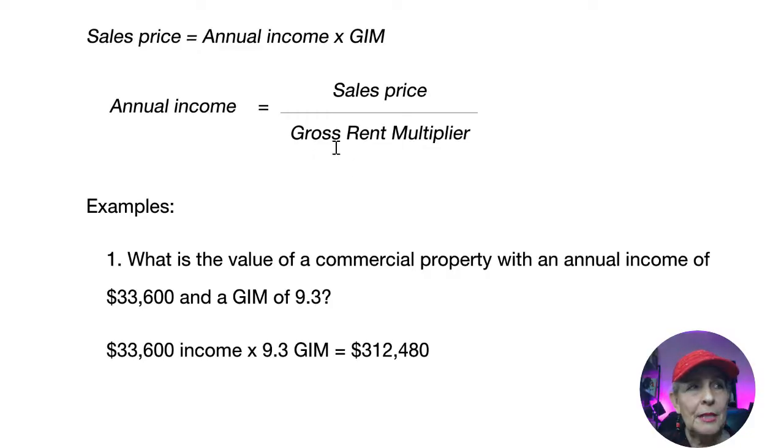Make a note that this should be GIM, not GRM, because we're talking about annual income. And the question asked, what is the value of a commercial property with an annual income of 33,600 and a GIM of 9.3? So if they wanted to do it monthly, then they would have to divide 33,600 by 12 and use the gross rent multiplier. Got it?